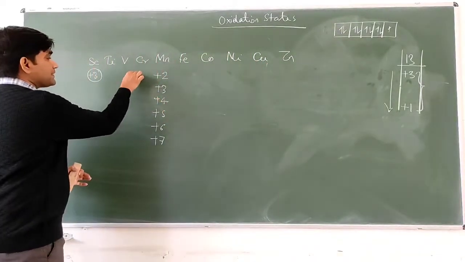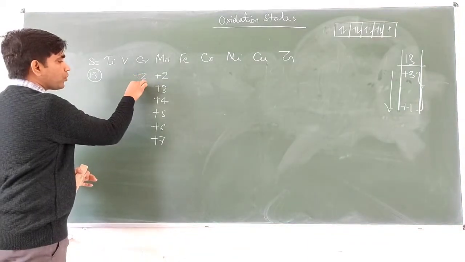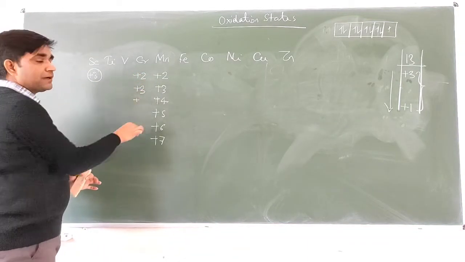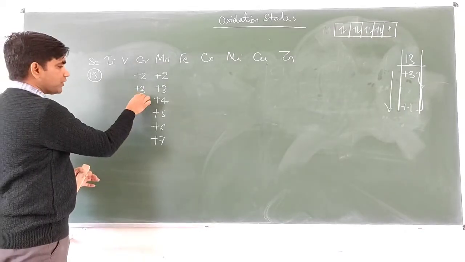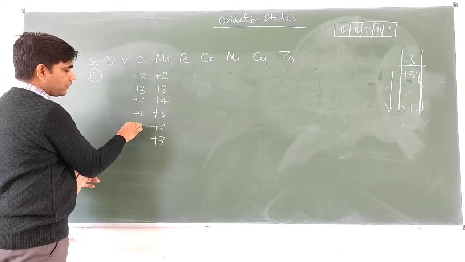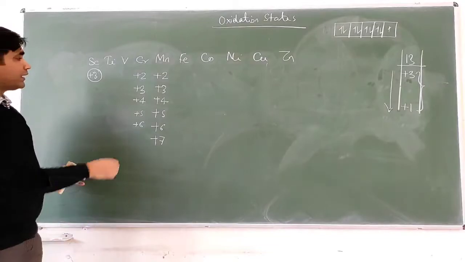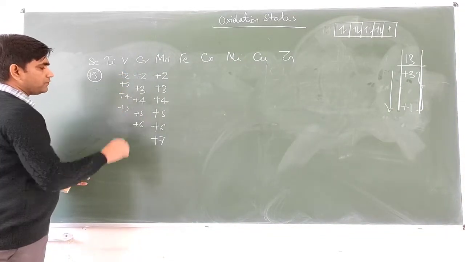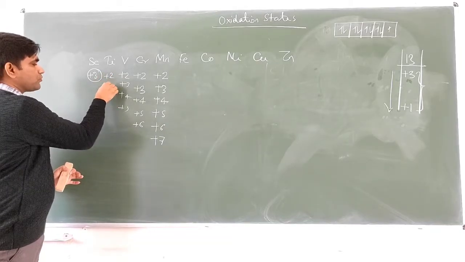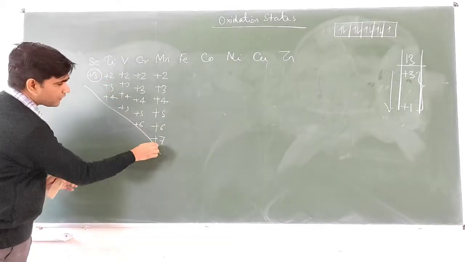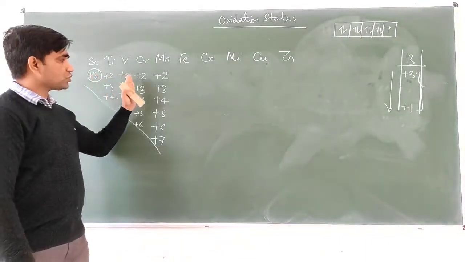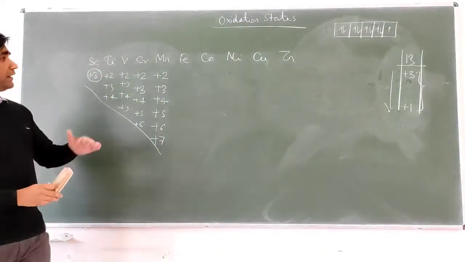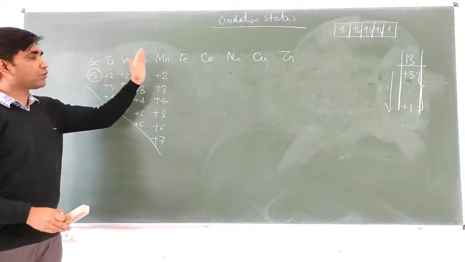Then the tendency to exhibit more and more oxidation states increases till the middle of the series, +3, +4, +5, +6. Here it can show only +2, +3, +4, +5. Here it can show +2, +3, +4. So here we can easily see the change in oxidation number occurs by 1, and it is more and more till the middle of the series.